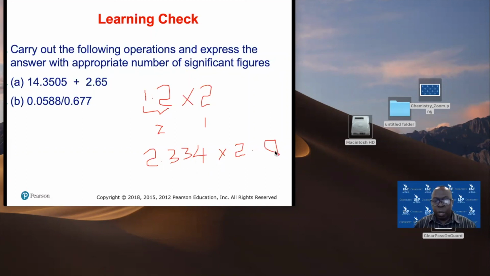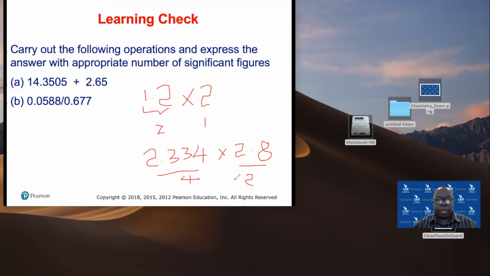This has 2. So 4 versus 2. The final answer should have 2 significant digits.